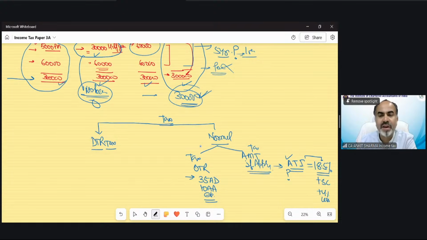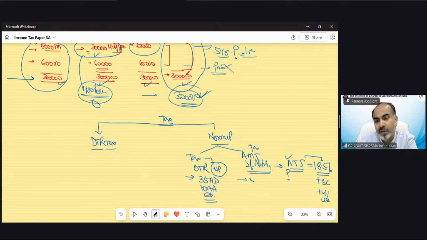Now this calculation of ATI is relevant. How to calculate ATI? The benefit of the deductions under 35AD and 10AA, which you claimed to arrive at the net profit, must be added back. You must have calculated your net profit under the optional tax regime as per income tax.